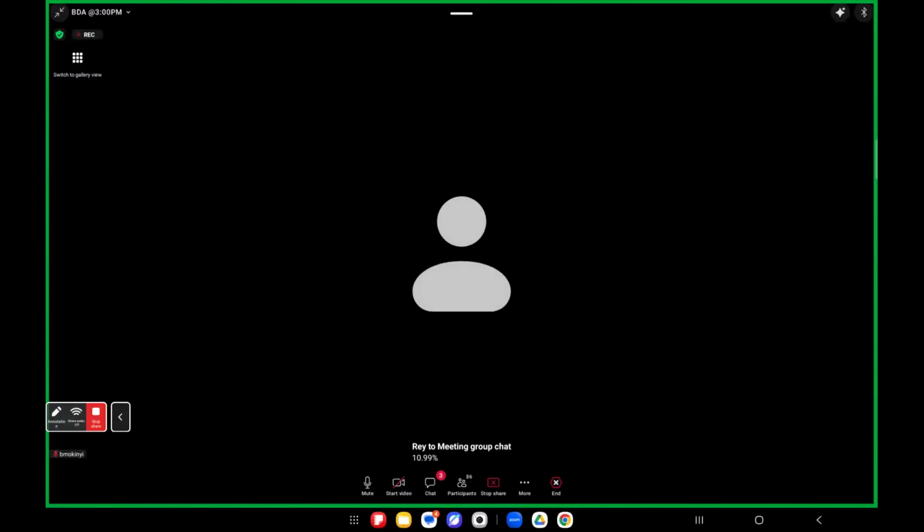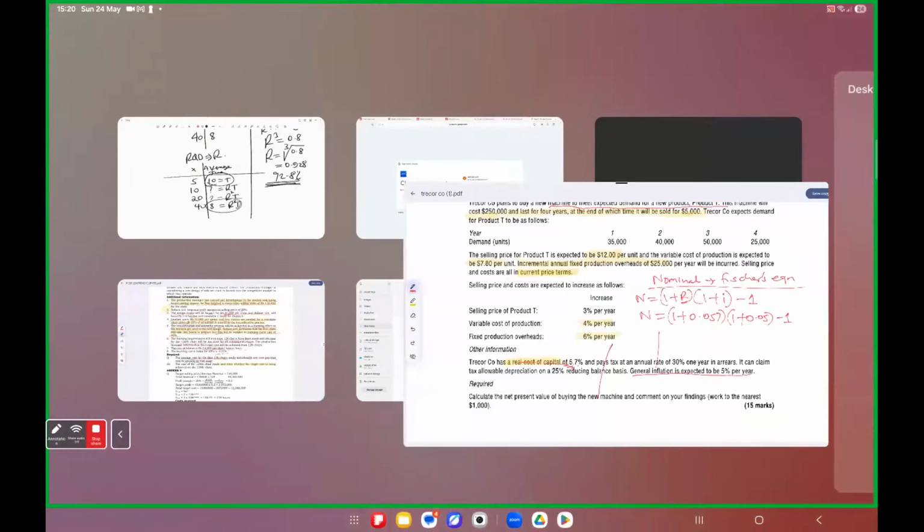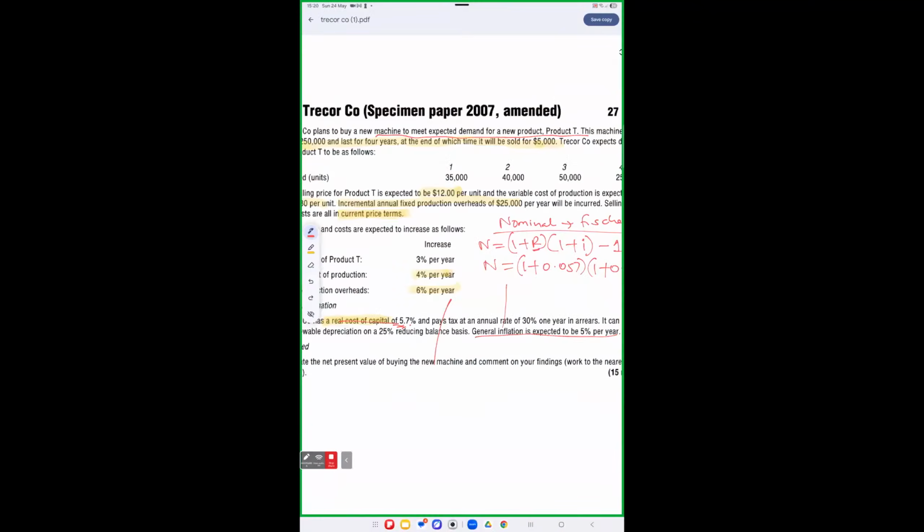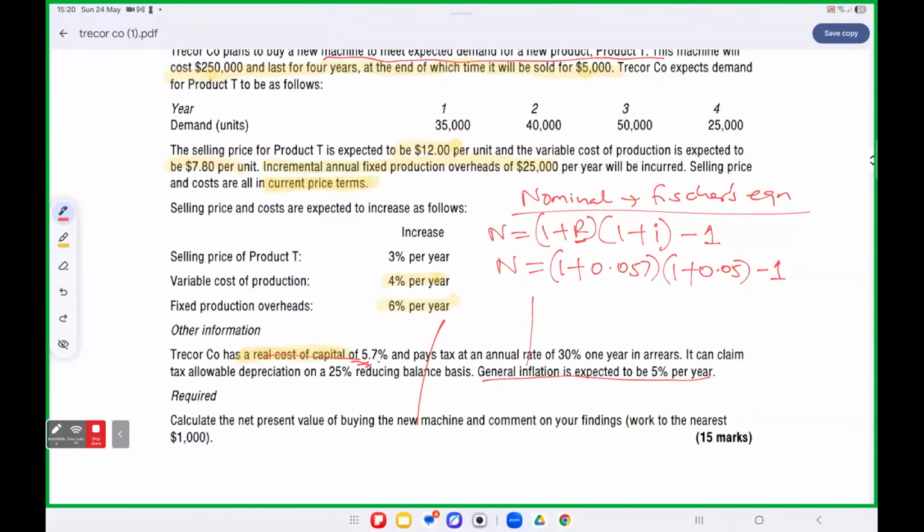We shall overcome. Somebody is getting 10.25%. That is a lie. 10.25%, no. Yeah, 10.99, that one I buy. Please remember, you are taking there 1.057 times 1.05 minus 1.